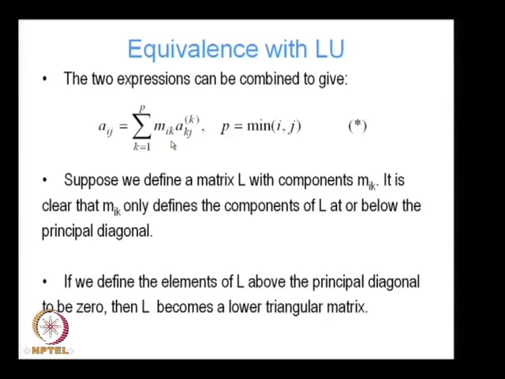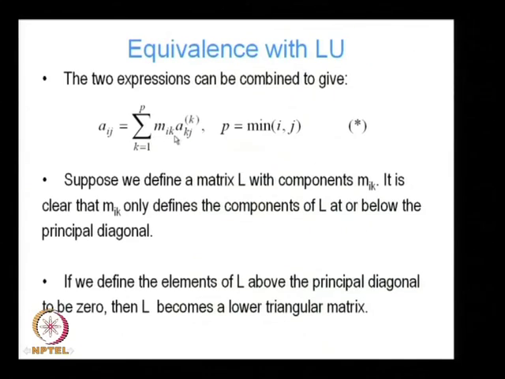From this expression, if we look at the contributions of m_ik, if we consider m_ik to be the components of a matrix M, it is clear that we are using only the components of M which are at or below the principal diagonal. Why?